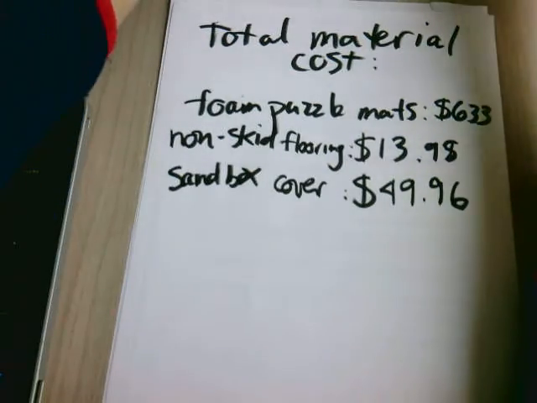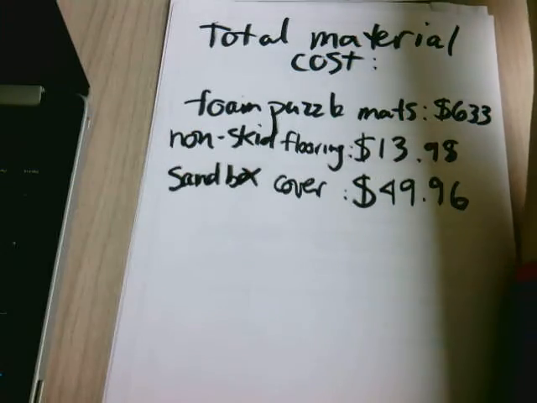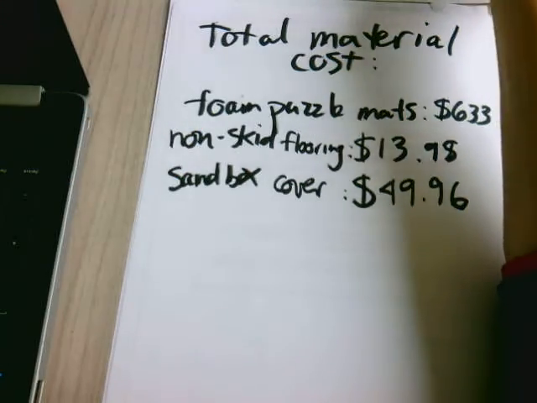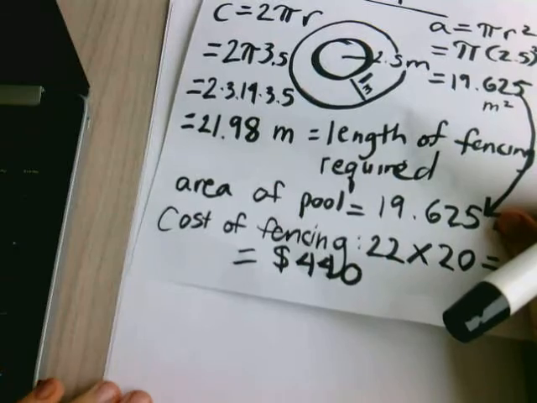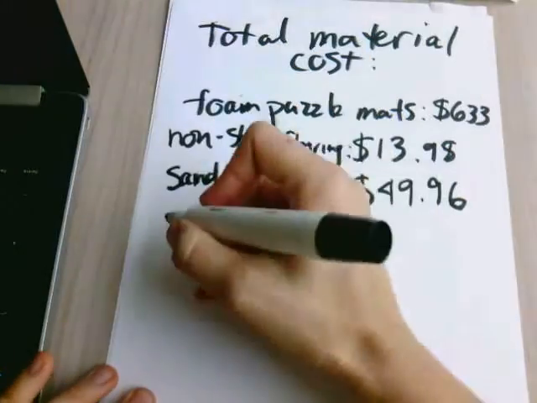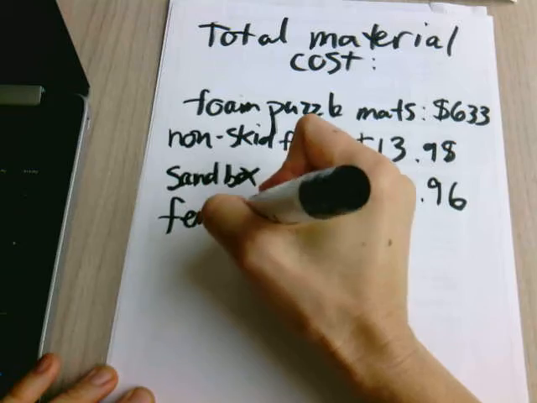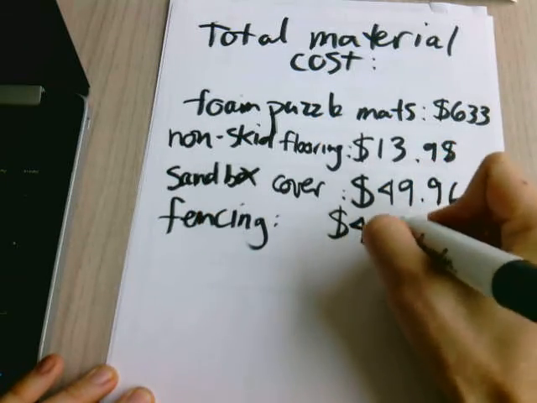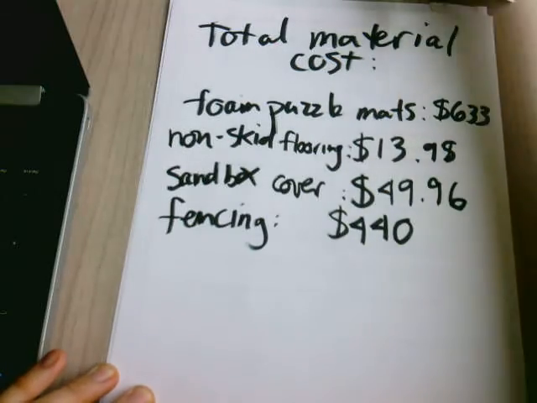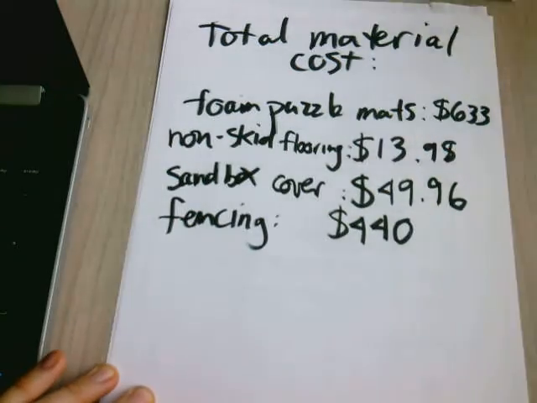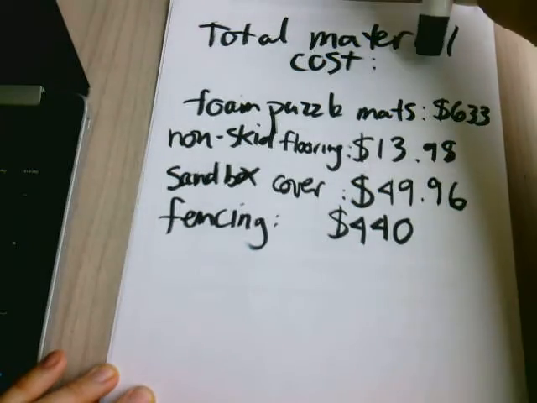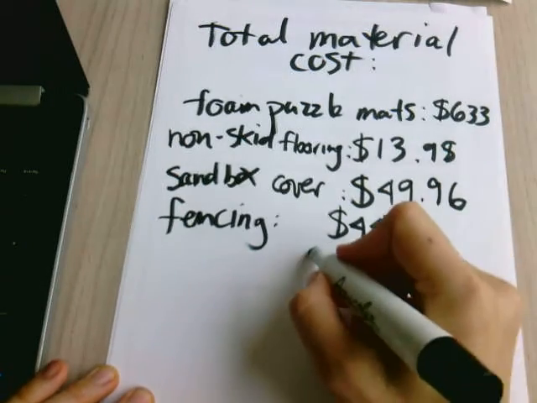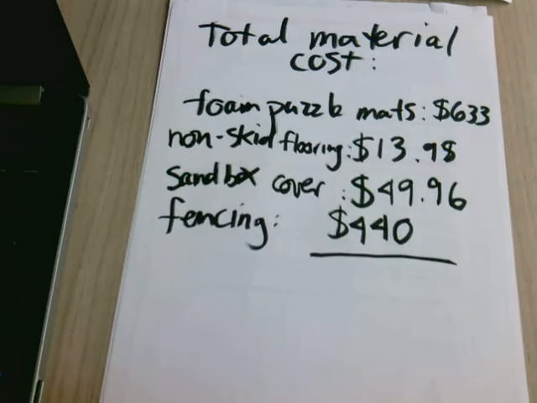And then the fencing around the wading pool was $440. And that's all. So now we add up all of these dollar costs and take a minute to do that and tell me what you got.